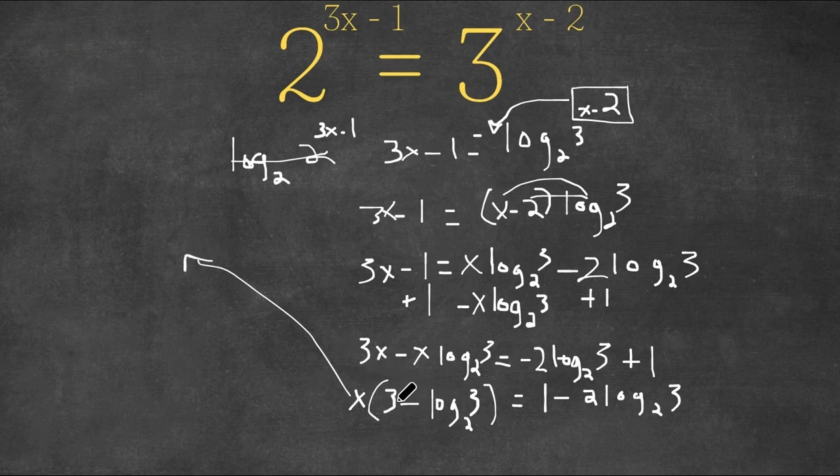All right, so now let's bring this over here. So now what we're going to do is we're going to divide by 3 minus log subscript 2 of 3 so we can isolate x.